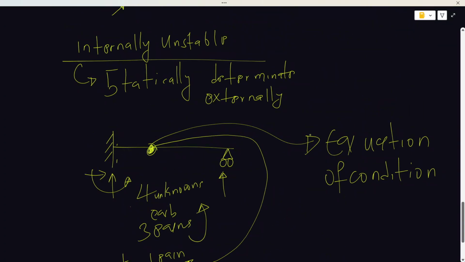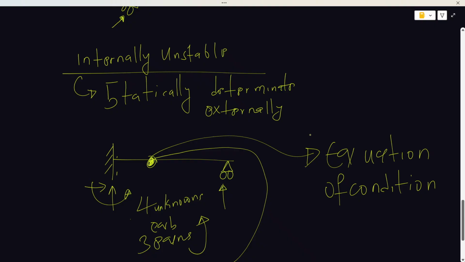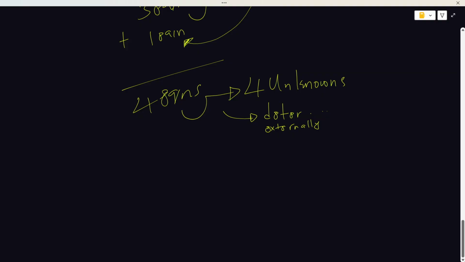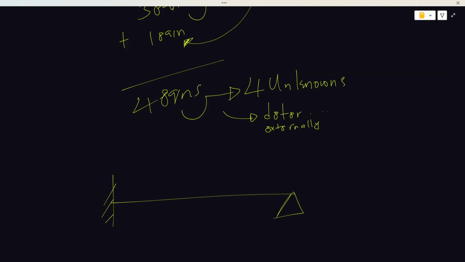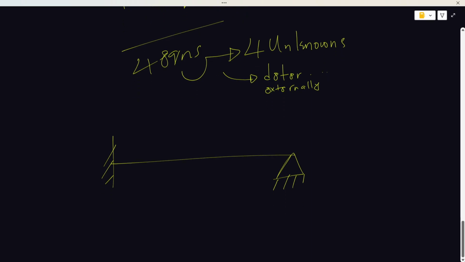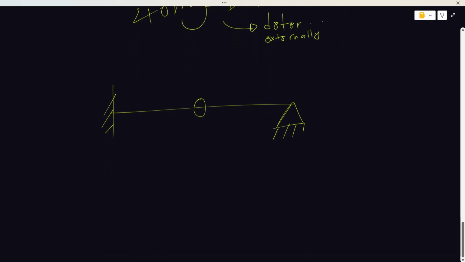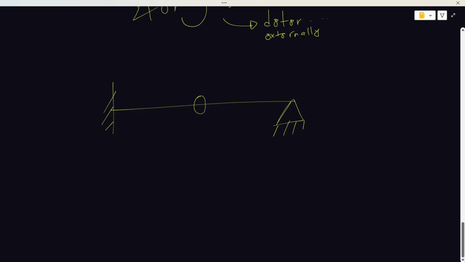Now, let's move to internally unstable structures, but they are statically indeterminate externally. Let's look at this. The same structure, but a different setup. Let's say we have an internal hinge also. So, 3 equations.